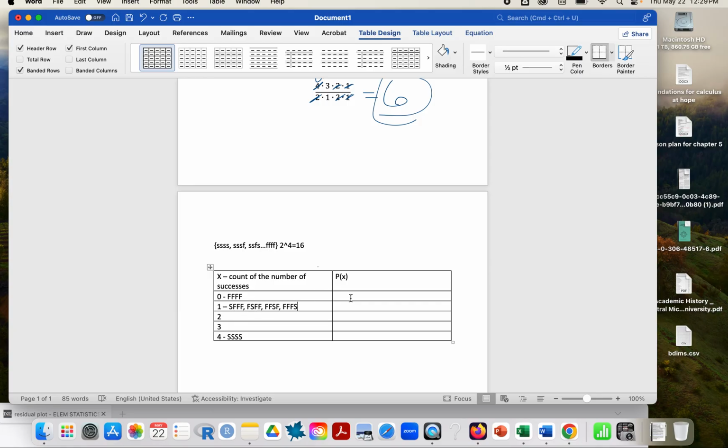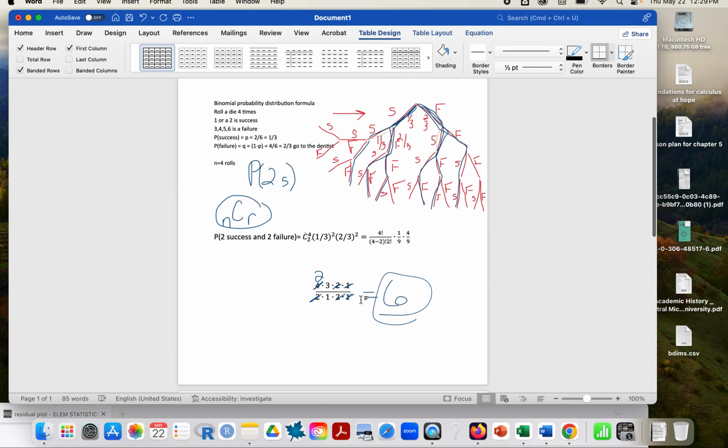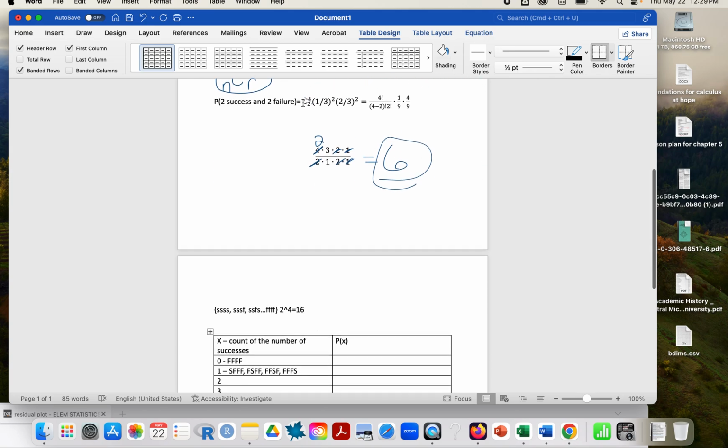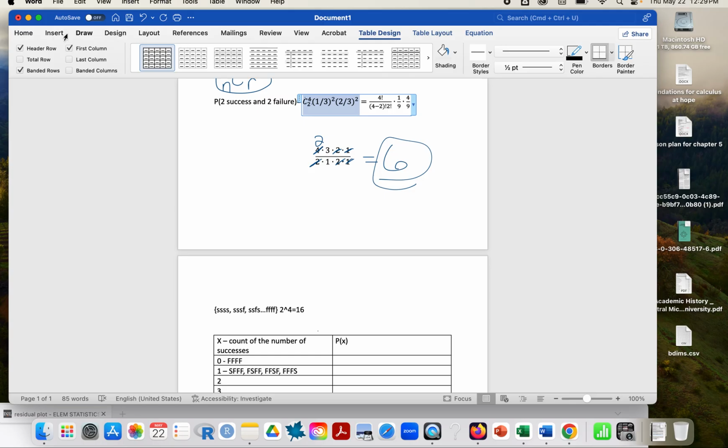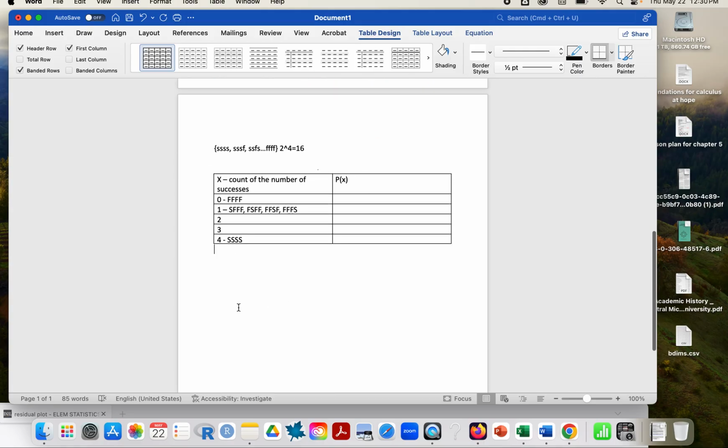Now, the probability of 0 successes. Well, it's this path here. So it's 2/3 times 2/3 times 2/3 times 2/3. If I were to write it out, I'll copy this formula down here.